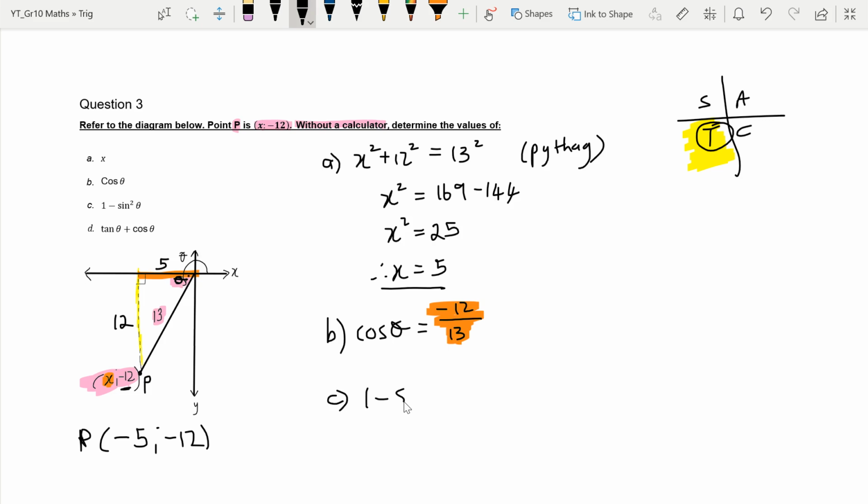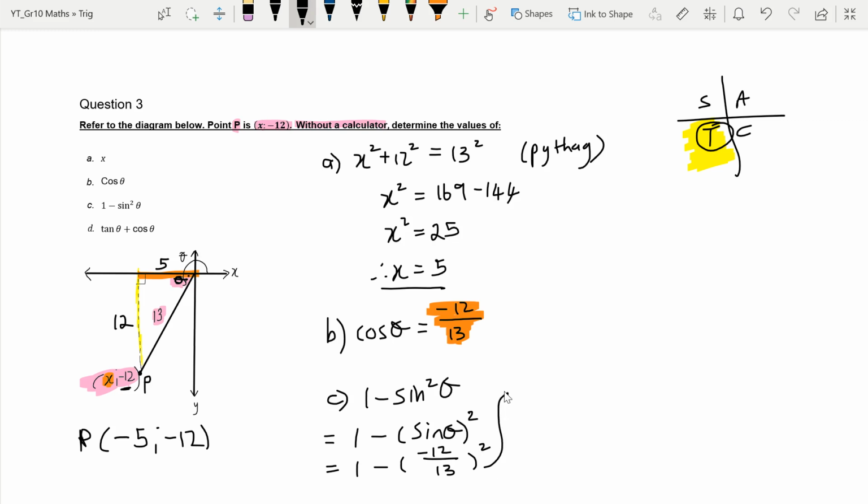Okay, C. 1 minus sine squared theta. Well, in the previous one, we also just said that that means 1 minus whatever sine theta is, and then we need to square it. So 1 minus sine theta, sine's ratio will be opposite over hypotenuse, and then we need to square that.